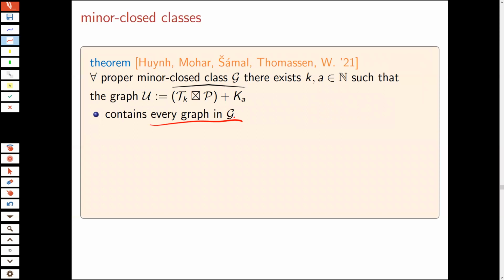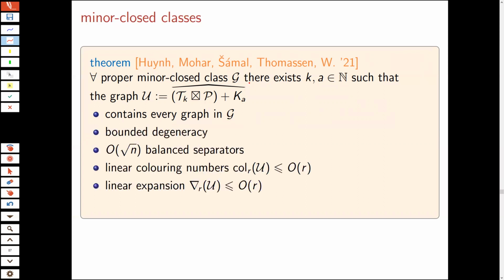Well, I take the universal tree width K graph, times it by a path, add my bounded number of apices, and then I take this hat operator, which enables me to take tree decompositions. But it is a single graph. It contains every graph in the class. You can check it will have bounded degeneracy. It will also have root n separators. We'll still have linear coloring numbers and linear expansion.